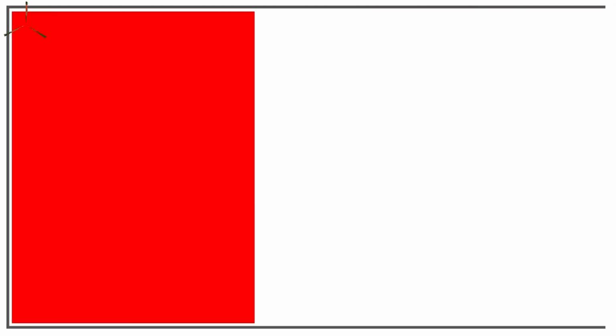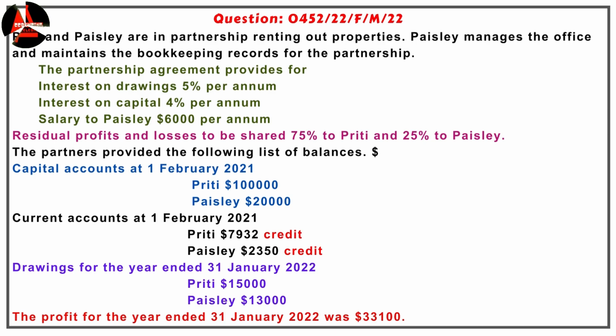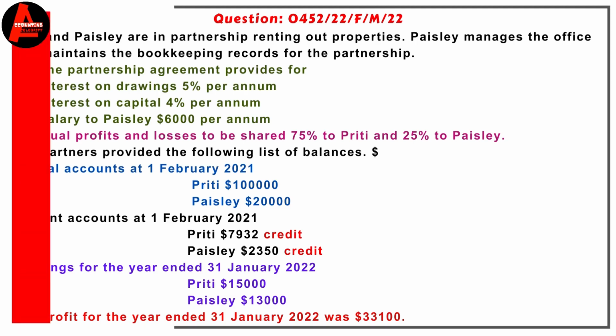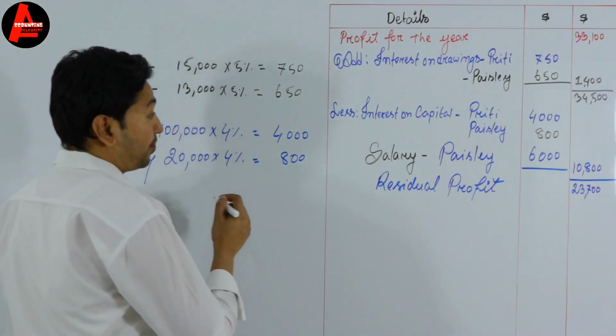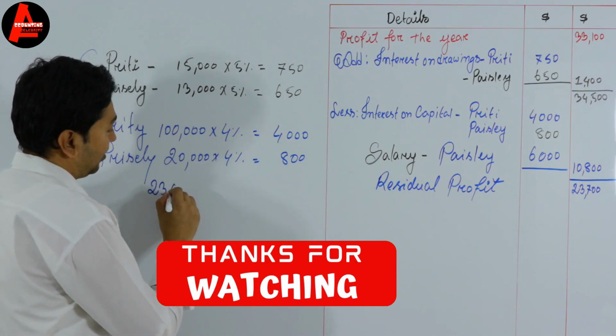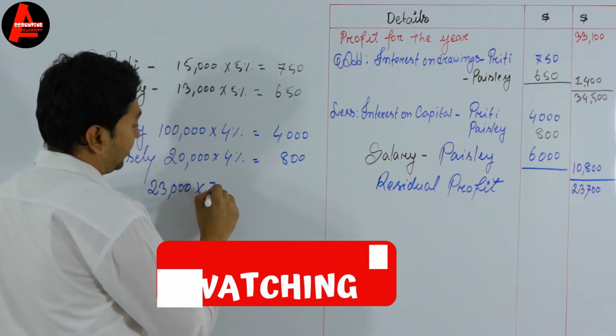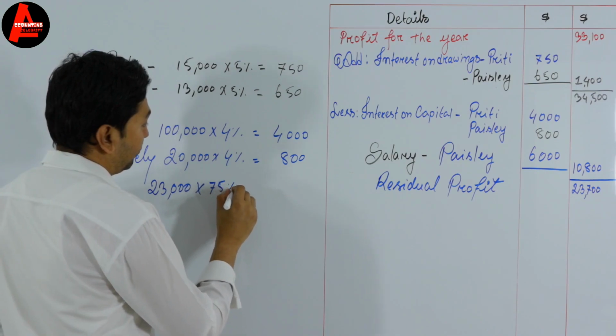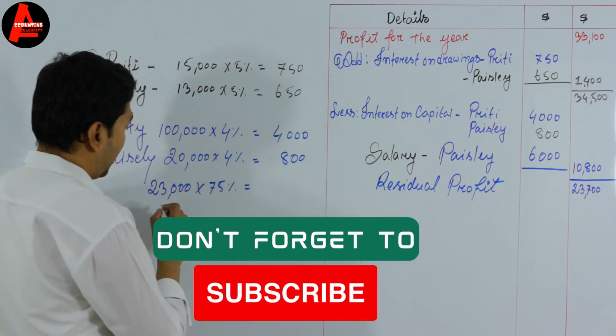Okay, so on the question it is clearly written that residual profits and losses to be shared 75% to Preeti and 25% to Paisley. Okay, so first of all we will see. So let us write here the residual profit $23,700 times 75%. This will be for Preeti.